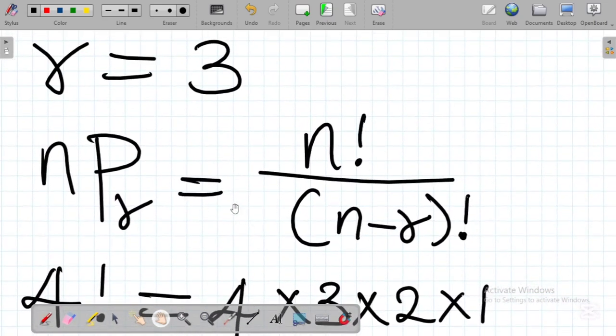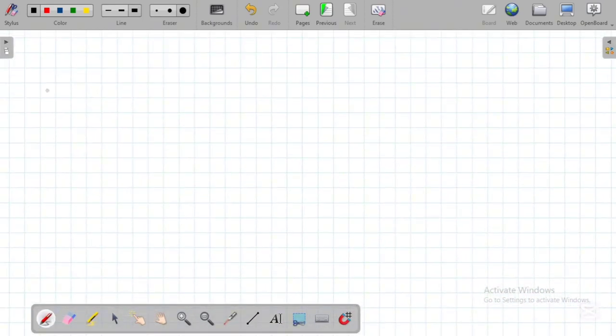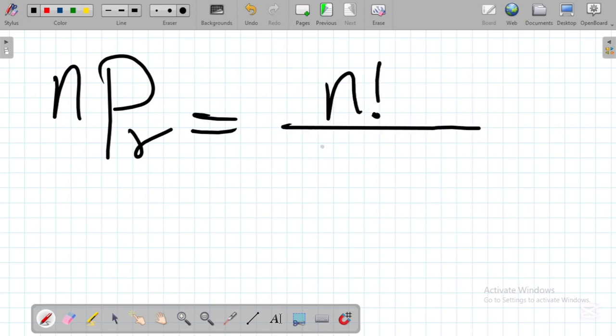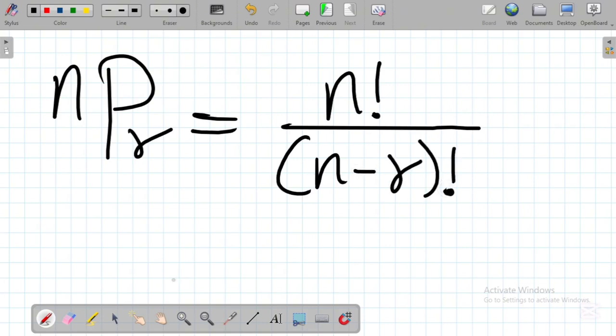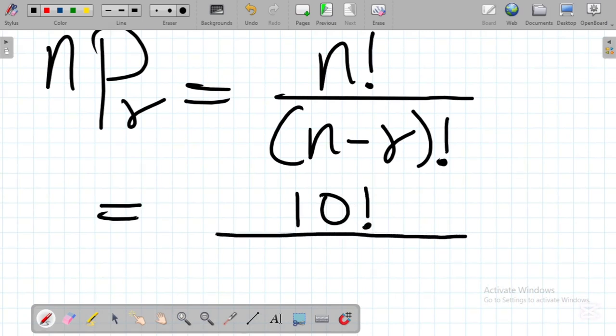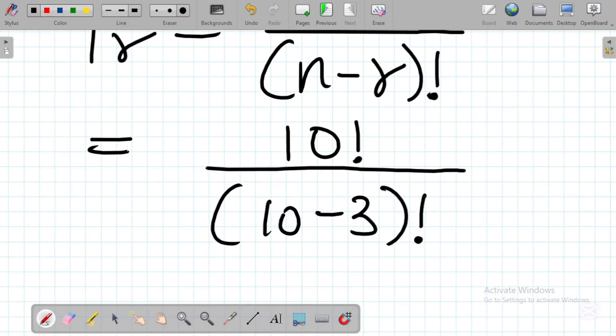So now let's substitute into the permutation equation. n permutation r is equal to n factorial all over n minus r and then factorial. From the question, our n is 10. So we have 10 factorial all over ten minus 3 and then factorial.